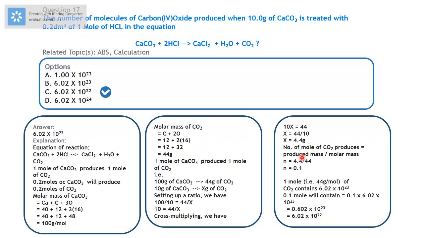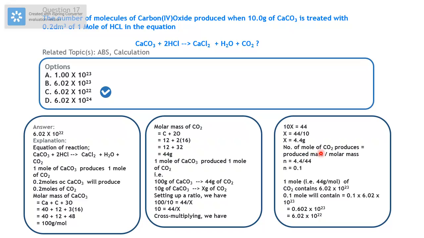So we know that this is the mass of the carbon dioxide that is produced with 10 grams of calcium carbonate. So what we'll do is calculate the number of moles of the carbon dioxide produced. The formula is number of mole is equal to the given mass or the produced mass over the molar mass.